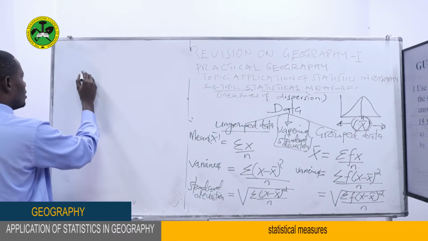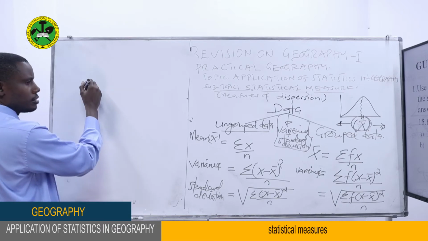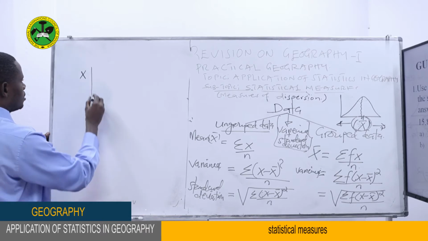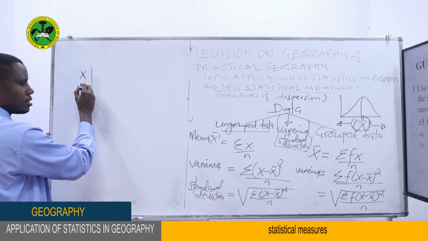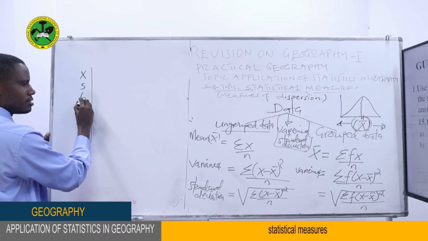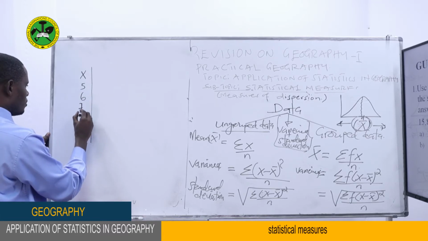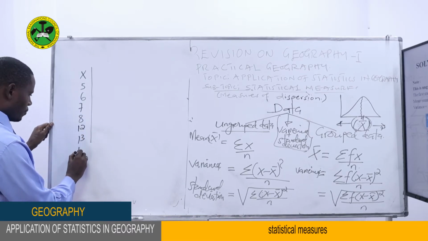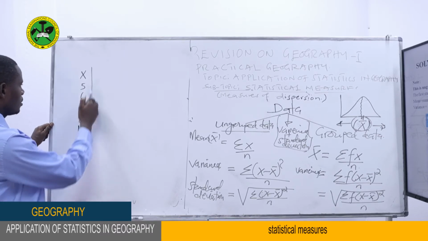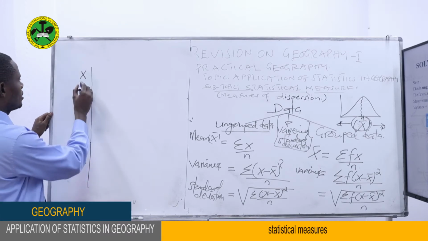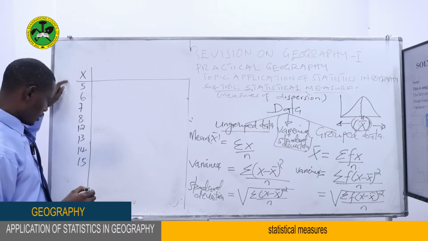We should develop the table, where we start with x, and for x we have 5, 6, 7, 8, 12, 13, 14, and 15. That is 1, 2, 3, 4, 5, 6, 7, 8. It's okay. So this is the first column just for x.